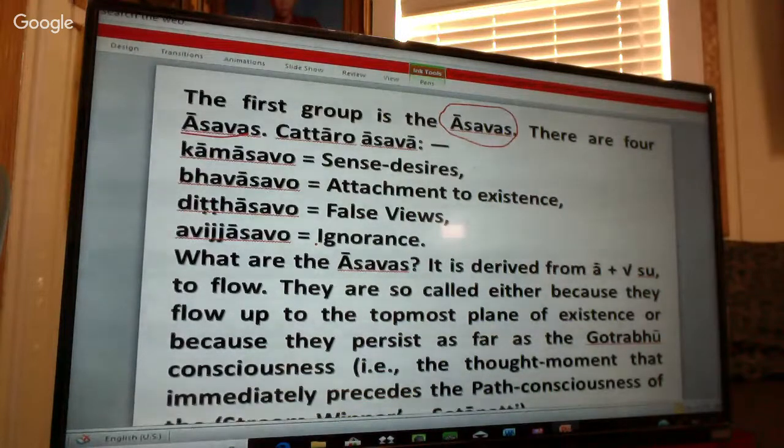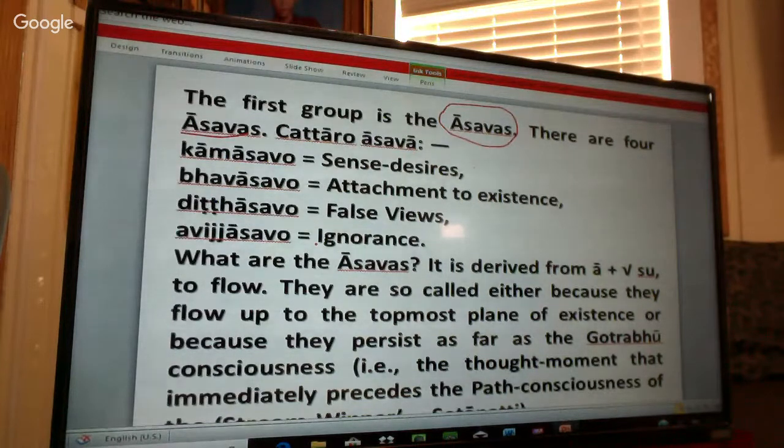And then Bhavasava. We will explain it in detail later, more and more. But here we need to remember the name Kamasava. Kamasava means sense desire, attachment to sensual pleasure.